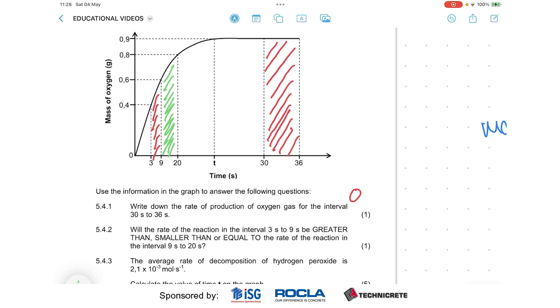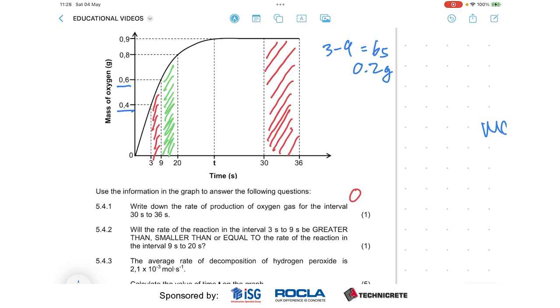Okay, so what we can see is that the time difference between 3 to 9 was 6 seconds. And the difference in mass, so at 3 seconds we have 0.4 and at 9 seconds we have 0.6. So the mass is 0.2 grams.